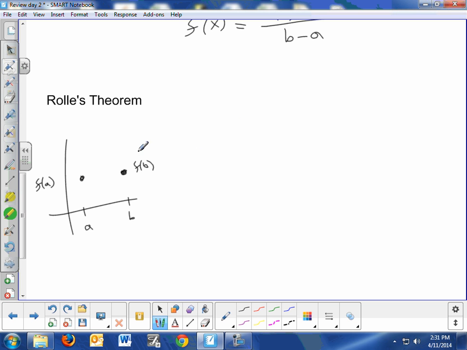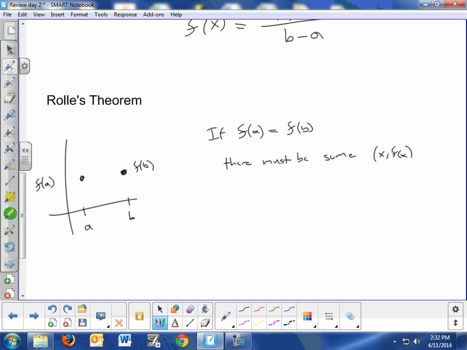No matter how I connect this, if f of A equals f of B, there must be some x, which is not really x, it's a point.